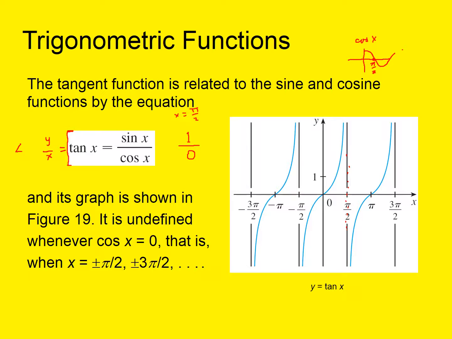Cos has a value of 0. That's undefined. So for the tan function, there cannot be a point here at x equals pi over 2. And so we have a vertical asymptote. It is undefined whenever cos x equals 0. That is when x equals plus or minus pi over 2, plus or minus 3 pi over 2, all odd integer multiples of pi over 2.